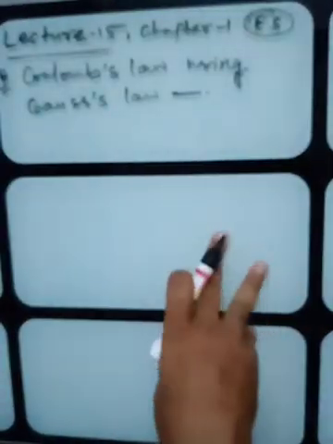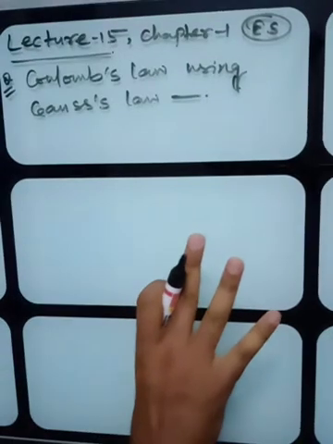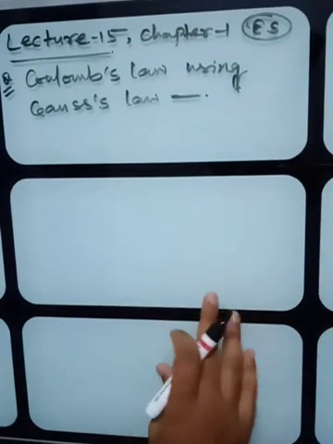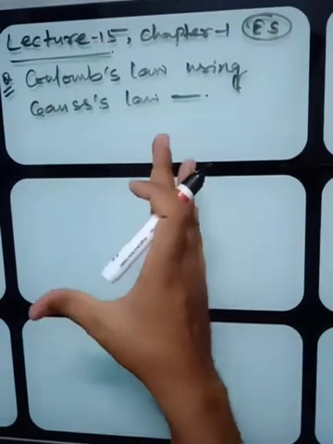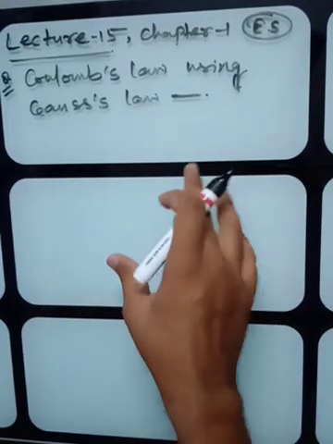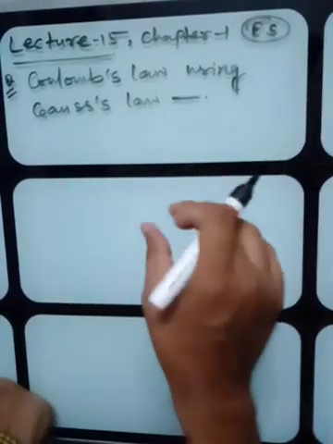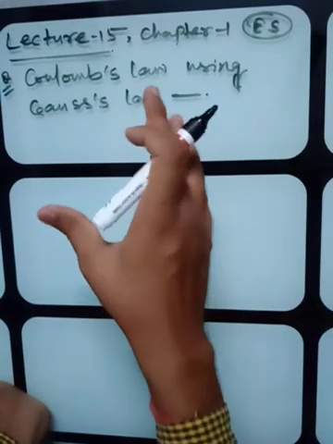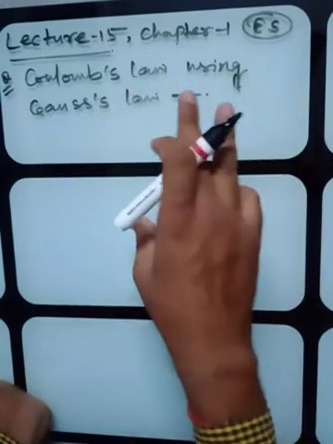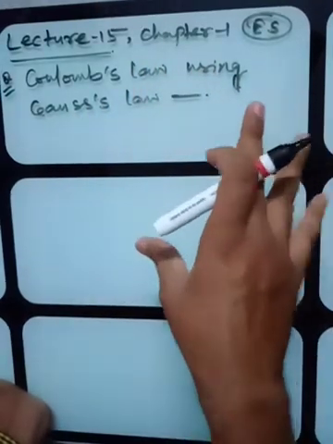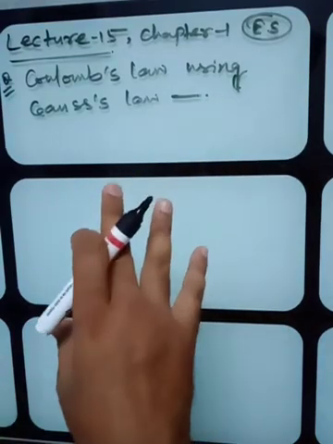Actually, student, Coulomb's law gives the force between 2 point charges. If the 2 point charges are placed at a certain distance, then the force of attraction or repulsion between those two charges can be represented as k q1 q2 by r square. The same we are going to obtain here.